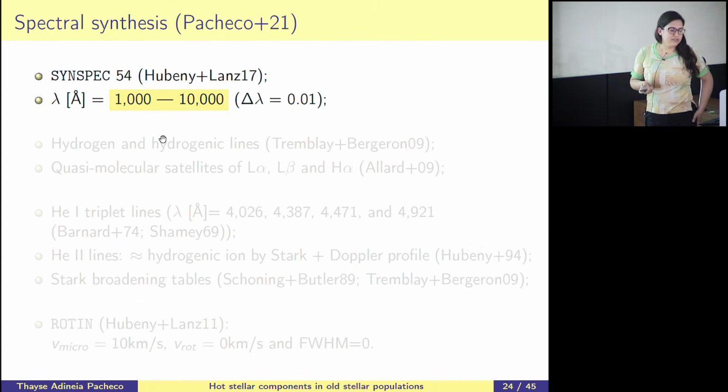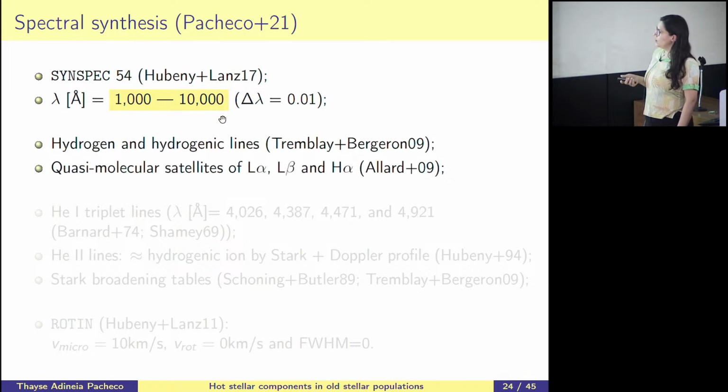Now talking about the spectral synthesis, we used SynSpec to compute our spectral synthesis. SynSpec is also open source code. We covered wavelengths between 1,000 and 10,000 angstrom, and we included hydrogen and hydrogenic lines, quasi-molecular satellites of Lyman alpha, Lyman beta, and H alpha.